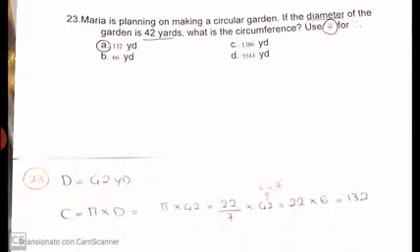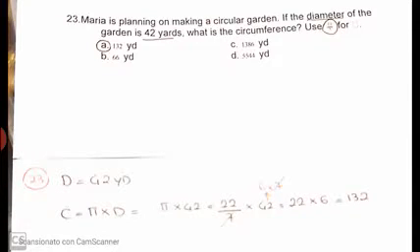Number 23. Maria is planning on making a circular garden. If the diameter of the garden is 42 yards, what is the circumference? Use 22 over 7 for pi. The diameter is 42 yards, so the circumference is pi times d, so it's pi times 42.